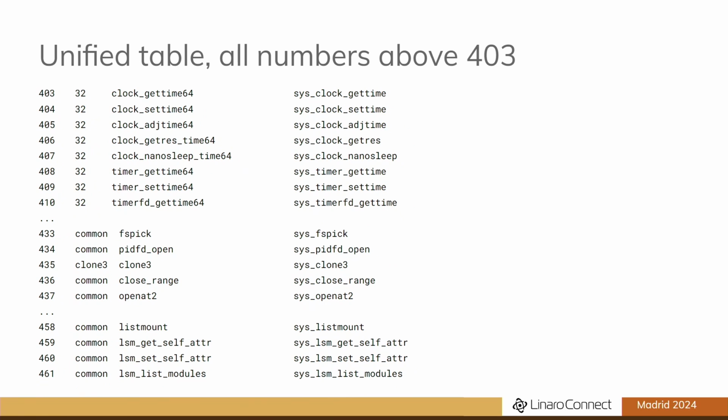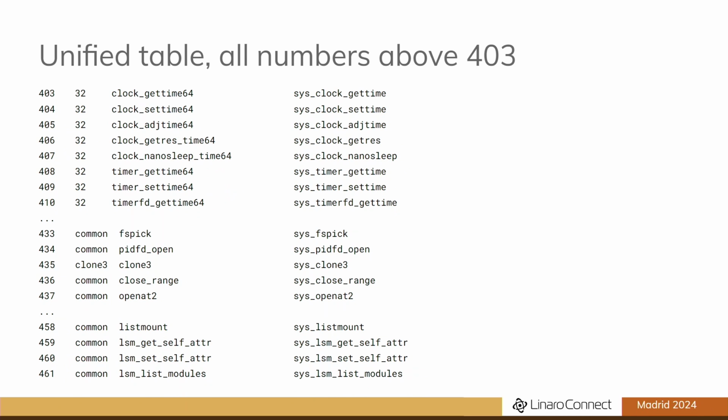And after I convert the table format, you add the exact same line to each one of them. So this line would be the same in all 25 files. And then the obvious question is, can we make it work to have just one file. So if you add a system call, you just added one file, and then it automatically gets included in all the architectures. And it's not that hard.